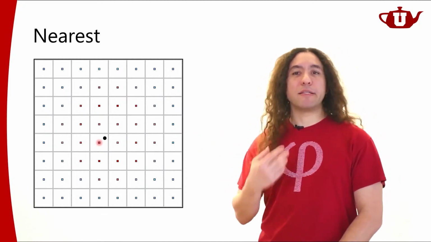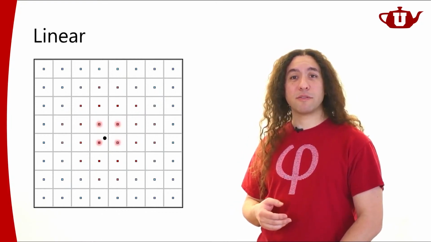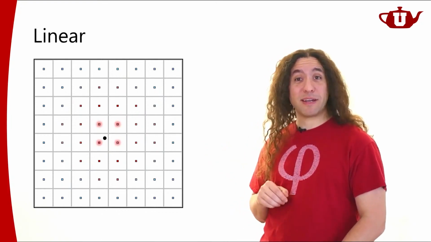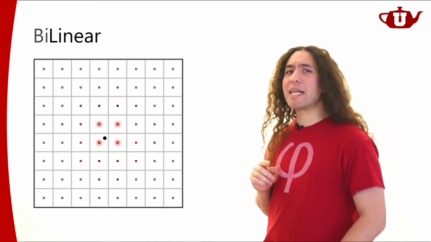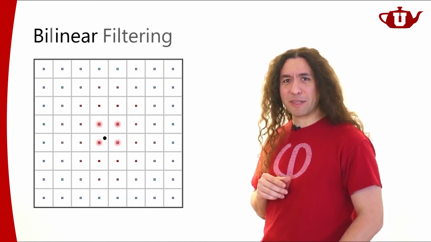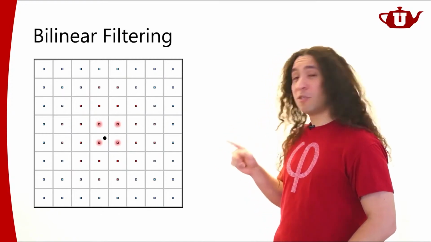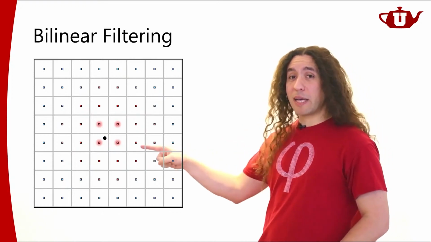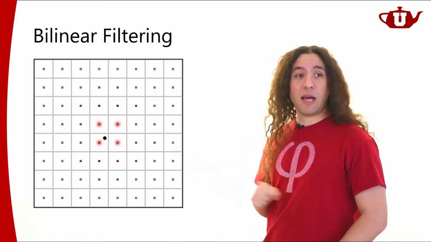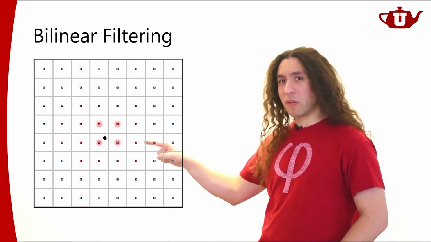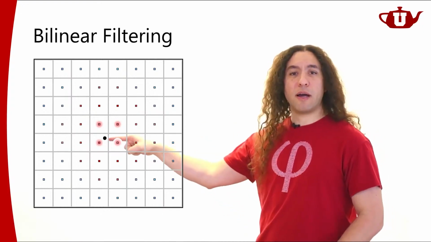One step better, we can use what's called linear filtering. More specifically, it's bilinear filtering, because it's linear filtering in 2 dimensions. With bilinear filtering, we look at the 4 closest texels, not just the one closest, but the 4 around the point we're trying to compute.